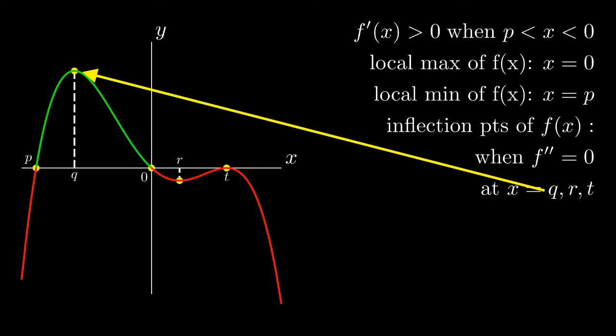It's at these points Q, R, and T. You can see that if you drew a tangent there, the gradient would be 0. It'd be horizontal. So these are all points where the second derivative is 0, and these are points of inflection. So the gradient of the first derivative is 0.